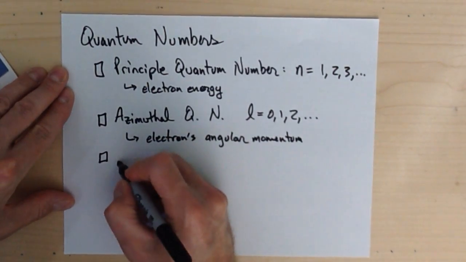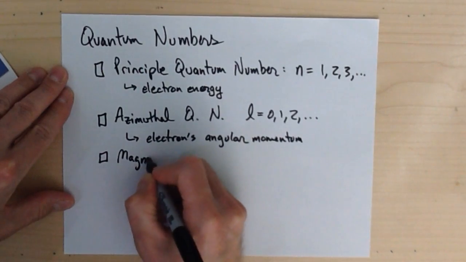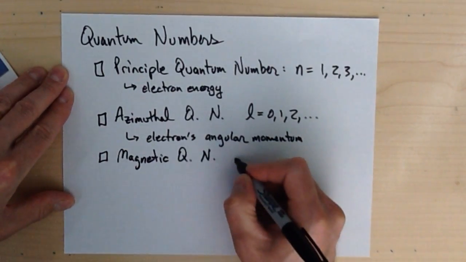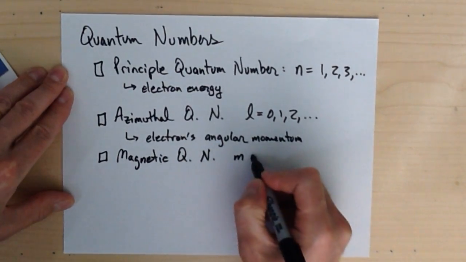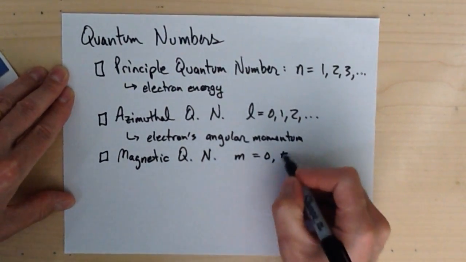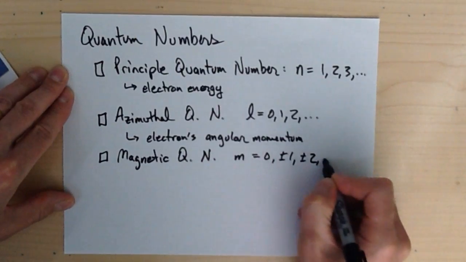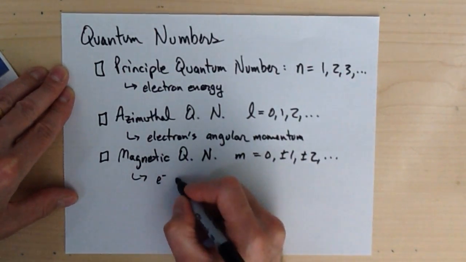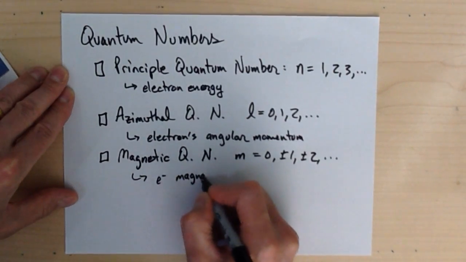All right, then thirdly, you should know that there's a magnetic quantum number, and it is usually labeled as M, and that goes from 0 and then plus minus 1, plus minus 2, and so on. And this determines the electron's magnetic moment.